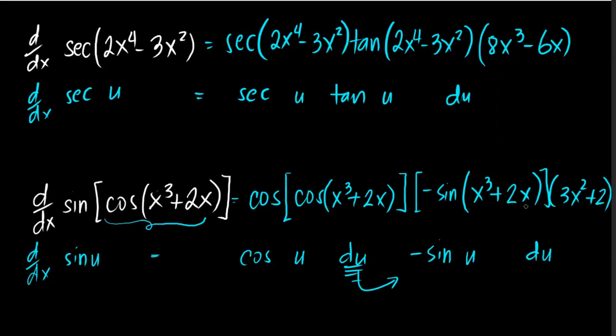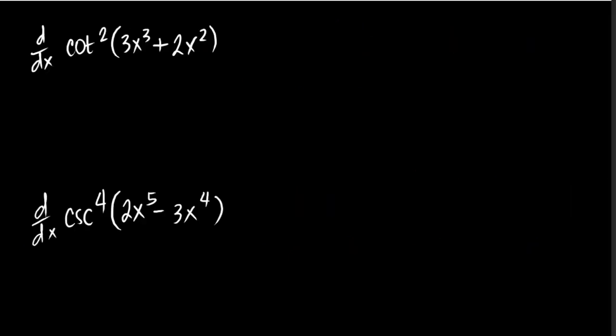And the derivative of x cubed plus 2x is 3x squared plus 2. This is actually the longer part, so just remember it, hopefully. Let's see how we can go around this.